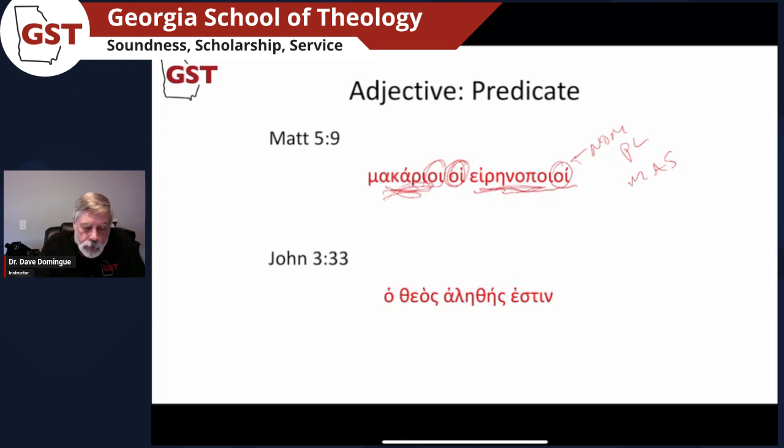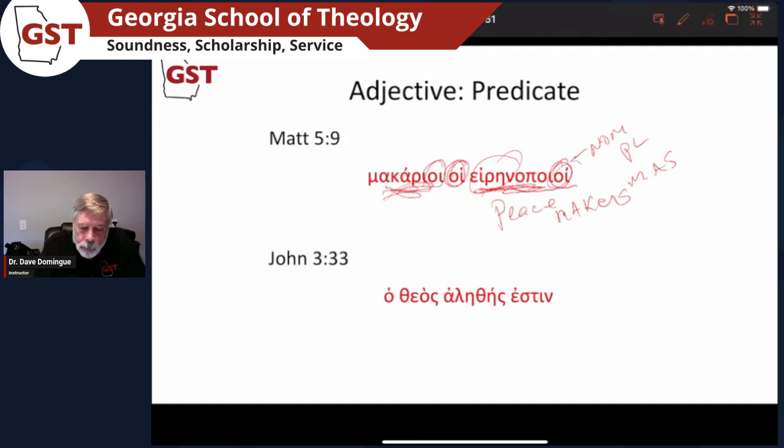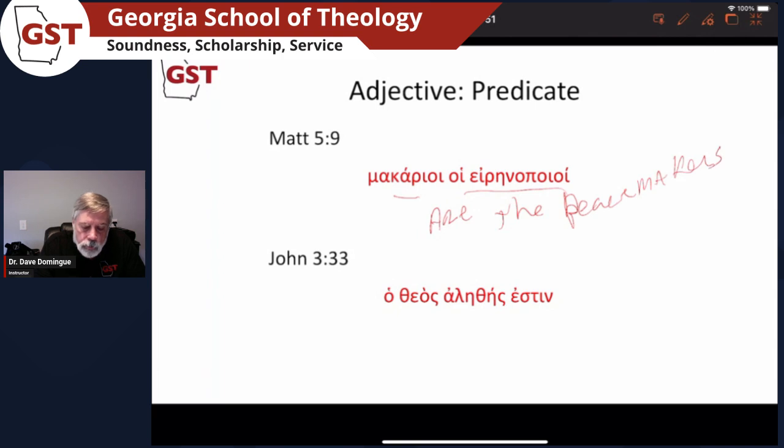This is more functioning like it would as a noun, but hoi eirenopoioi, this is the peacemakers. You might remember eirene, peace, and this is the peacemakers. It's an adjective, makers, because it's plural. And there is no verb. Blessed peacemakers. Well, it's blessed are, it's implied, the peacemakers. Okay, so it's functioning predicatively.